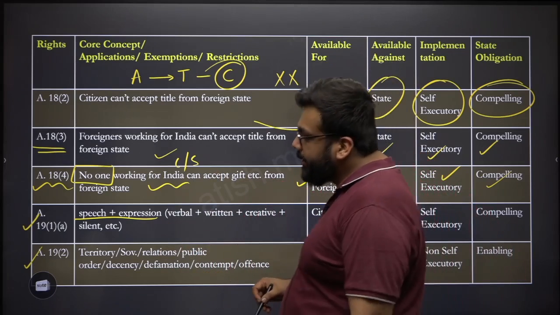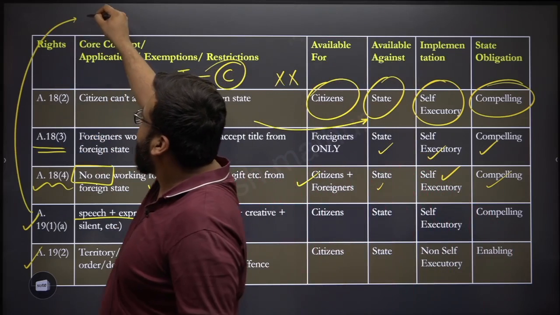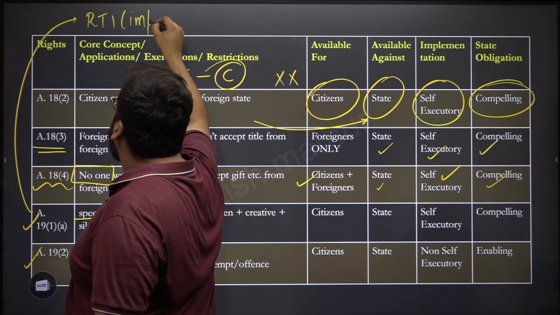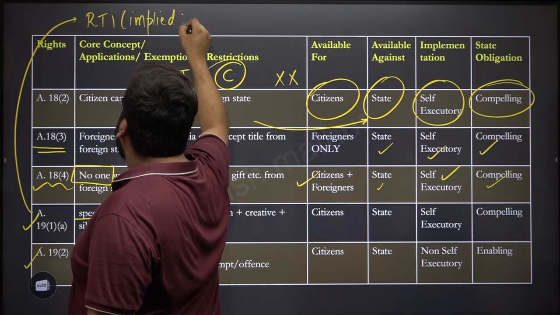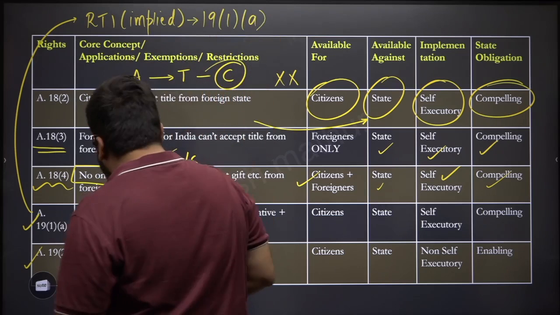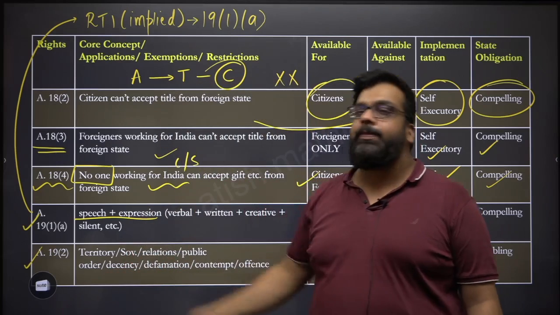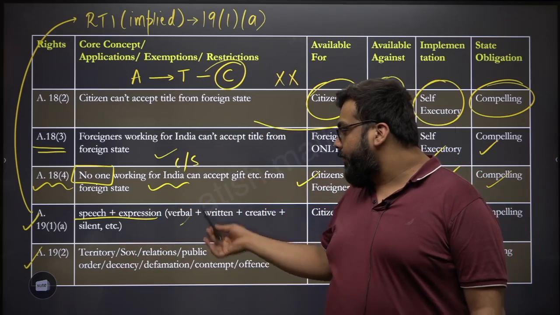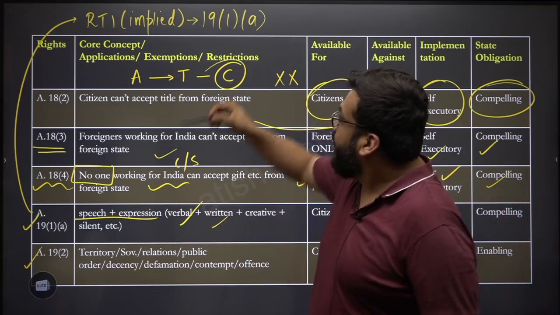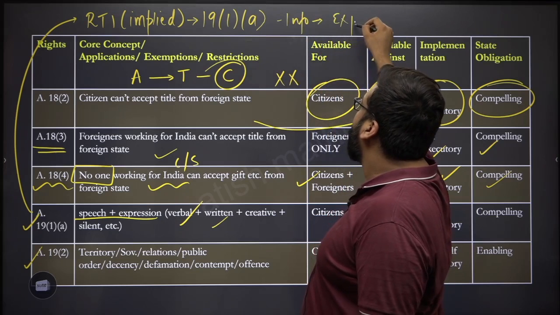What is interesting is the Supreme Court very clearly says that your right to information is an implied fundamental right, which means it is derived from Article 19 clause 1 clause A. Basically meaning, if you have the right to express yourself, in an oral or a written format, you should have the information on the basis of which you can express your opinion.